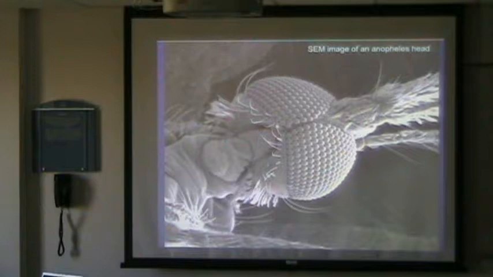So this is a typical scanning EM image. You see it's a big thing. This is a mosquito in this case. Not transmissible, so you measure surface effects, the effect of the electron beam on the surface, all these kinds of things, what happens there. Unfortunately for molecular resolution, typically the scanning EMs are not powerful enough.